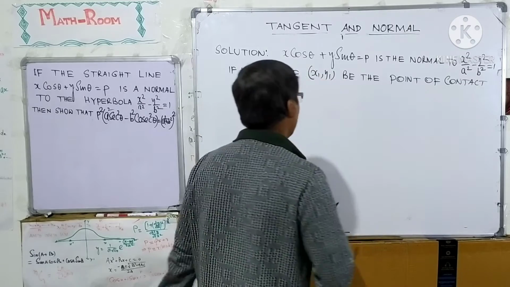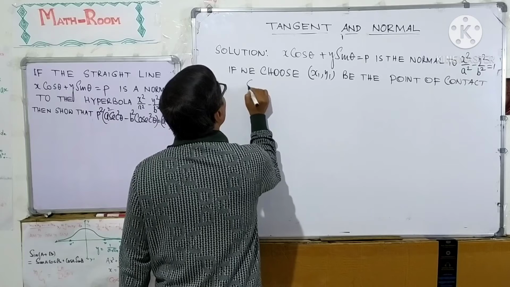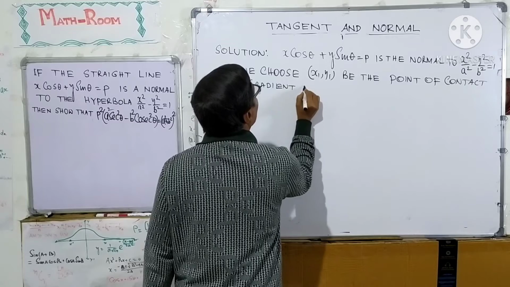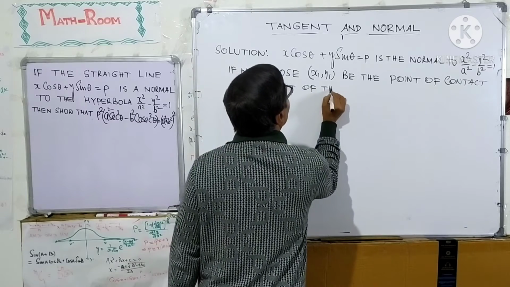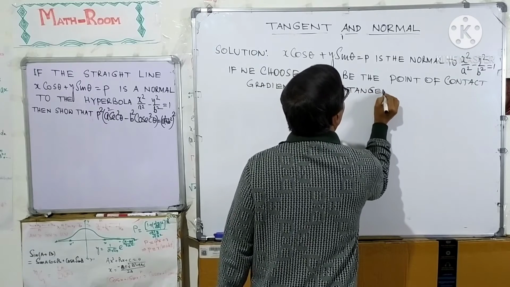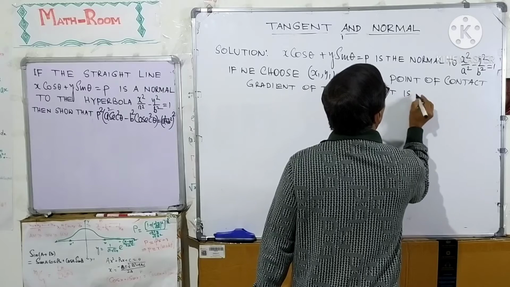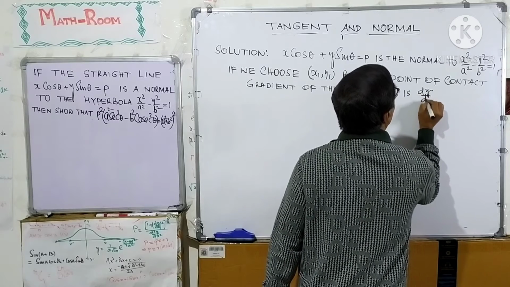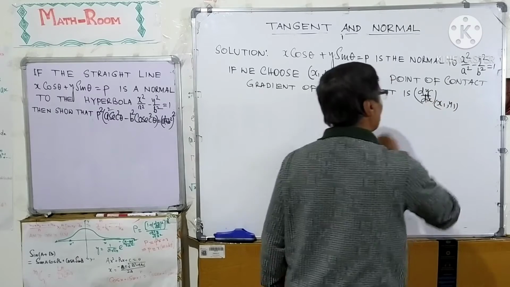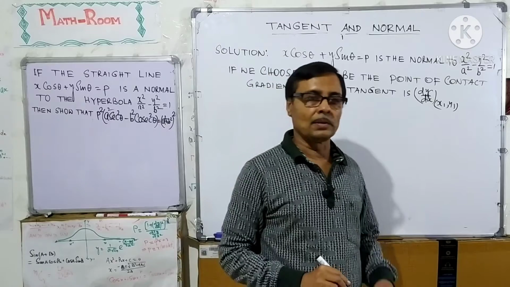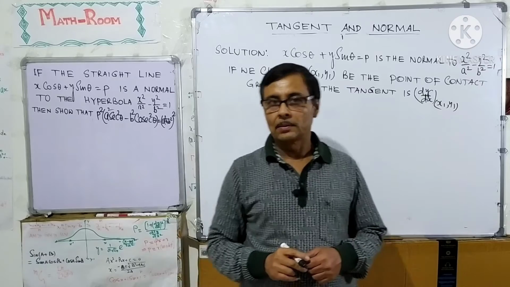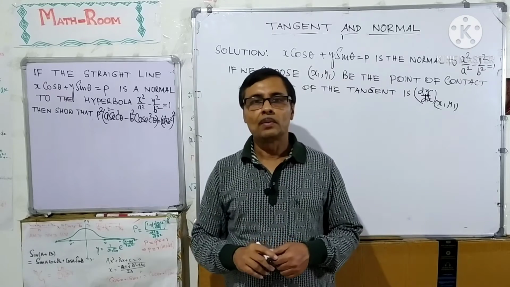So, the gradient of tangent is dy dx at the point x1 y1. Now, normal is perpendicular to the tangent.